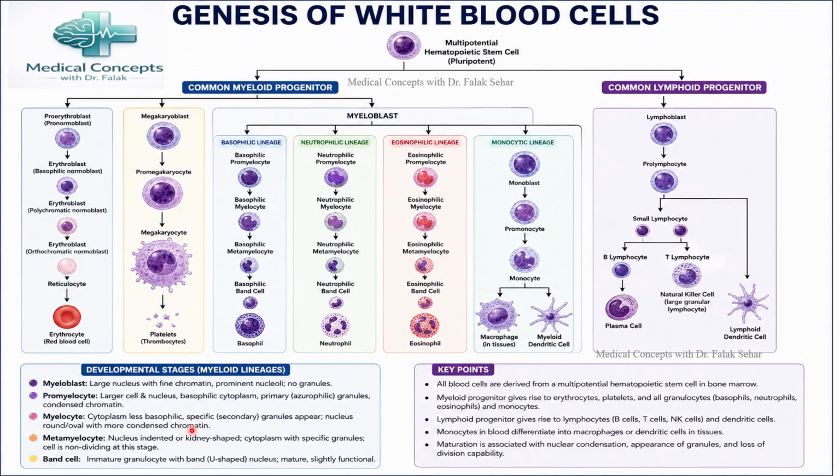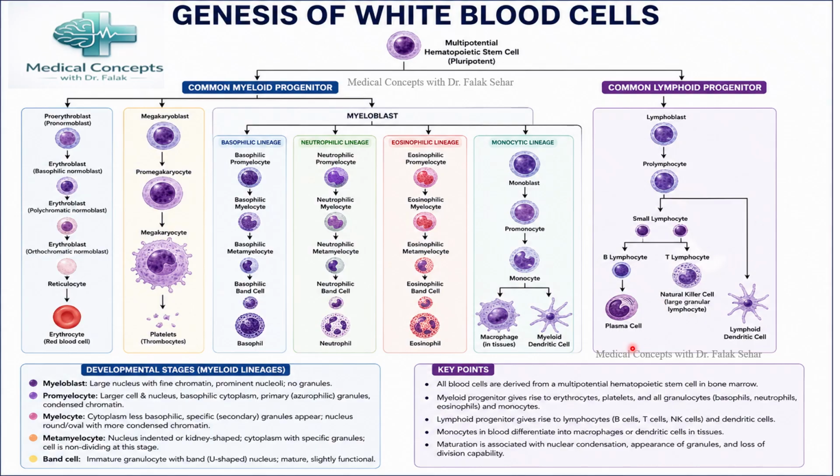During granulocyte development, the cell passes through several stages: myeloblast, then promyelocyte, myelocyte, metamyelocyte, band cell, and finally a mature granulocyte. Monocytes, after entering tissue, further differentiate into macrophages and dendritic cells. The common lymphoid progenitor cells give rise to B cells, T cells, and natural killer cells.